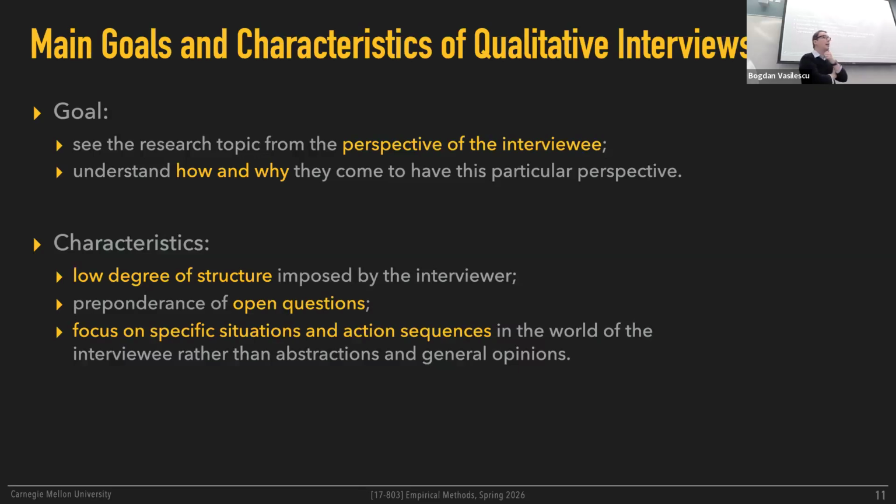This is an important point, the last one there. You should be very careful with how you design your interview protocols so that you focus on very specific, concrete situations, ideally recent ones that the participant has had direct involvement in, direct experience with, as opposed to general opinions about some subject or things that happened in the past, because essentially people will just tell you what you want to hear.